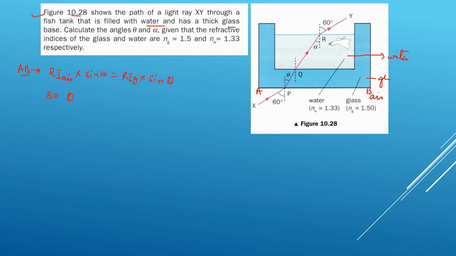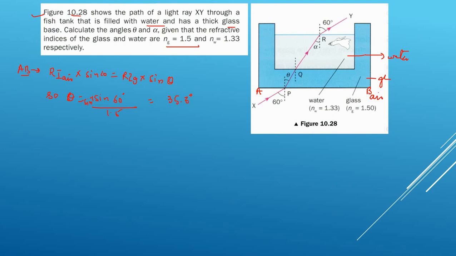So theta will be sine inverse of sine 60 divided by 1.5. If you solve this part, you will get around 35.3 degree. So part A is done.